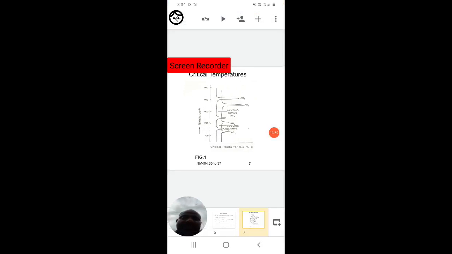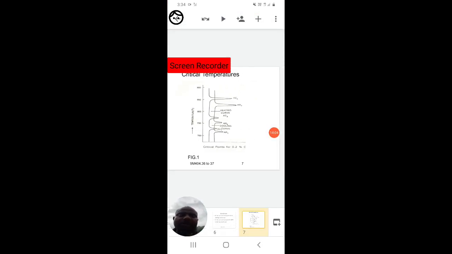The structural changes occur at the critical points. The critical points obtained in cooling are slightly lower than those obtained in heating. So you see the graph.